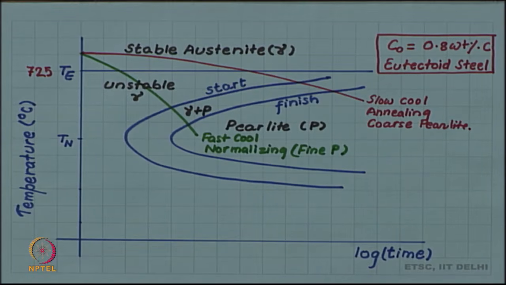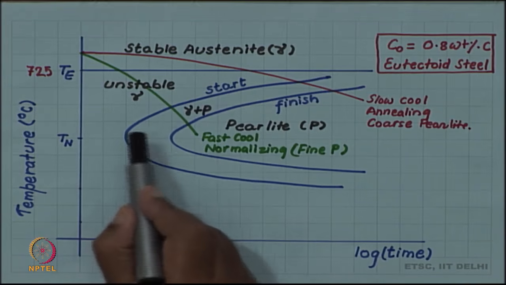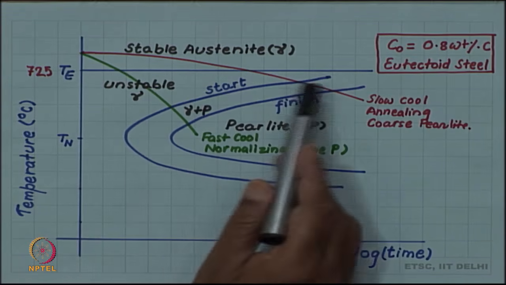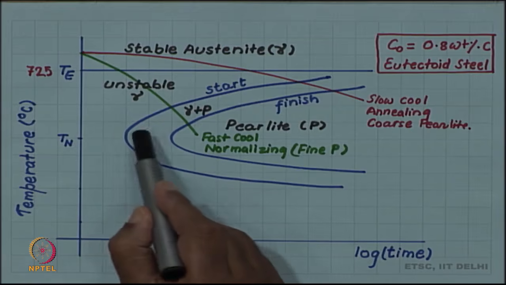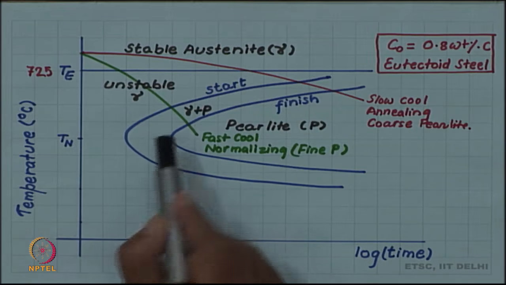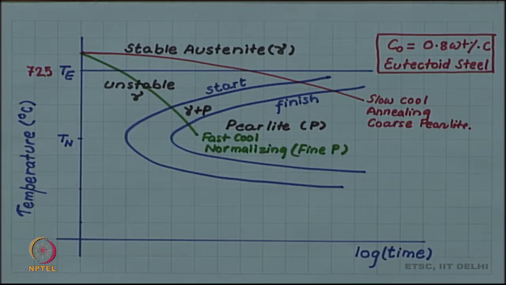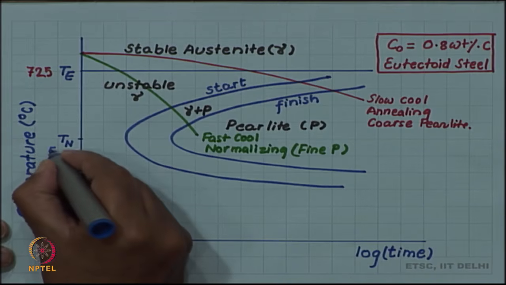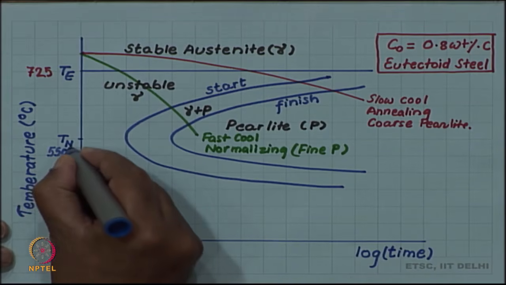The question now is, if we cool extremely fast, so fast that we miss the nose. This is called the nose of the C curve, where you have the fastest transformation rate, and the temperature corresponding to that I have marked as Tn, which is about 550 degrees Celsius.